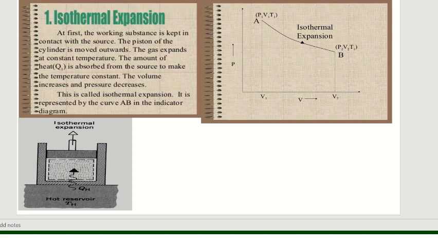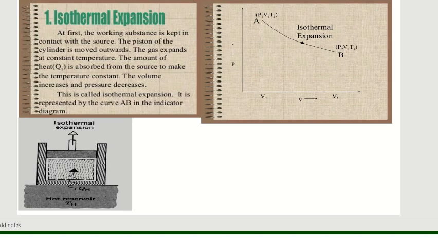One more thing, the Carnot engine is a theoretical thermodynamic cycle, which is hypothetical. The working substance we are taking is the cylinder fitted with a frictionless piston, and it is filled with an ideal gas.